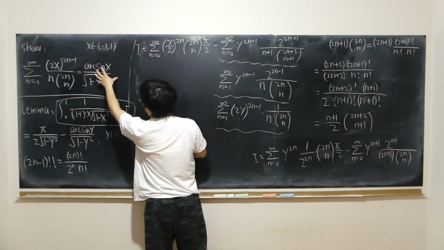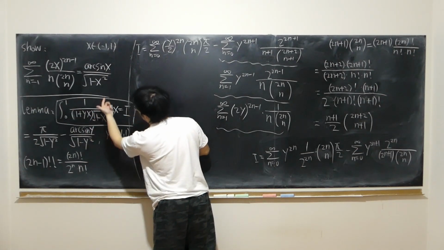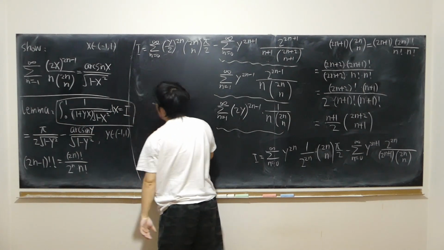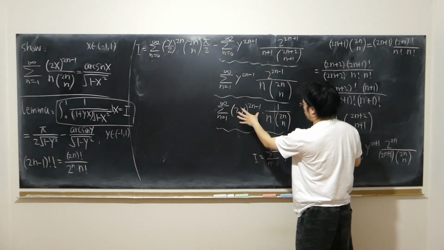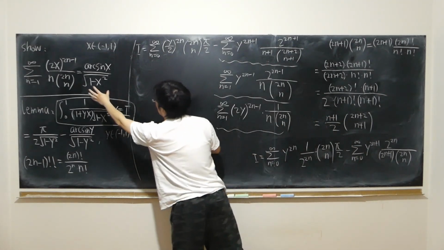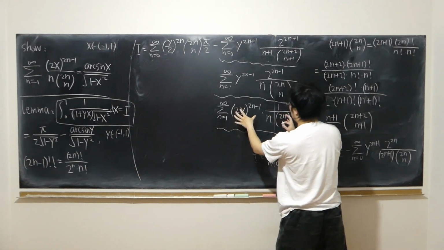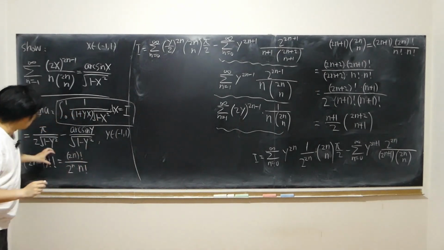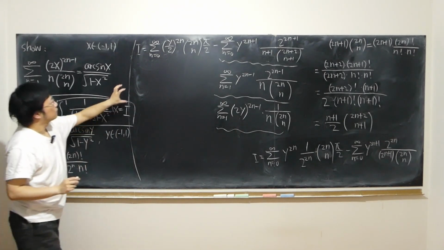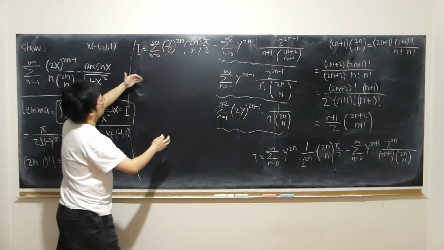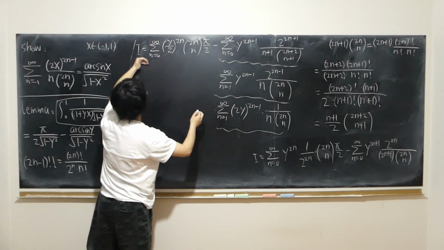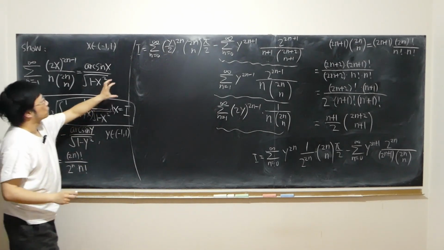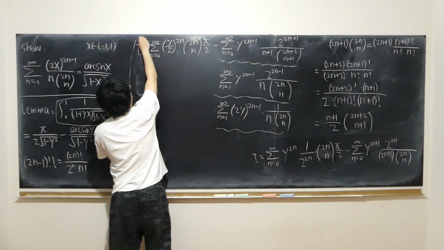In other words, this is just that. Let's replace x with y. So to show this equal to that, all I have to show is this equal to that, because this minus that equals I. Is this equal to that? That's my question.